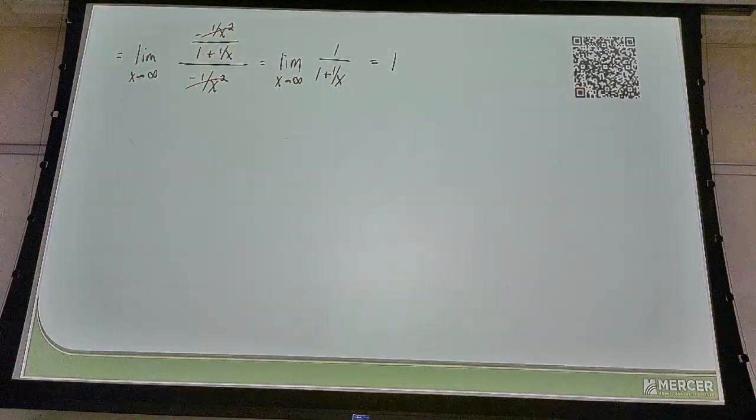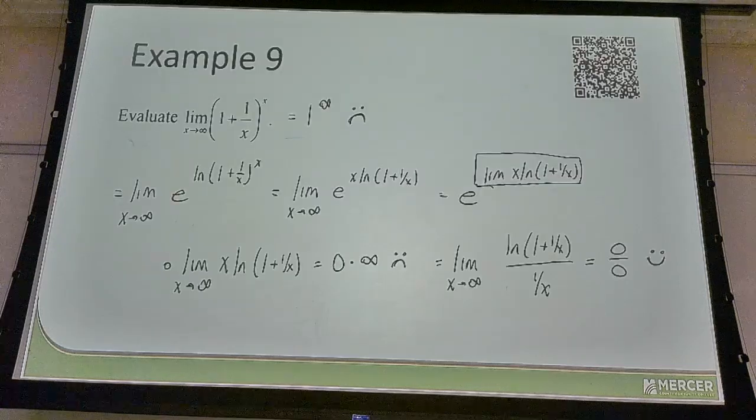But is our final answer 1? No. All we did was find the exponent of e. Now the next limit. See that?